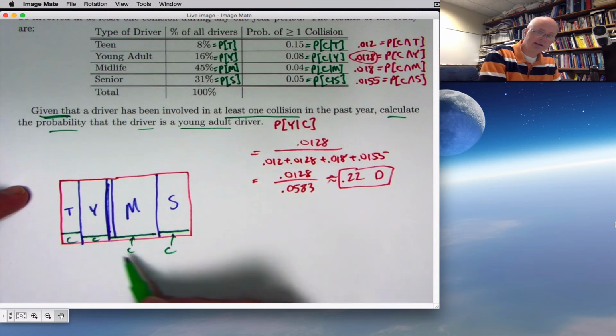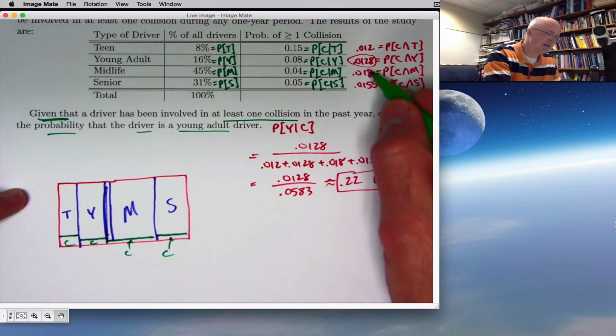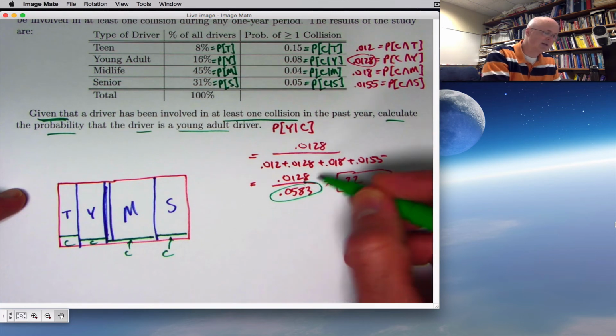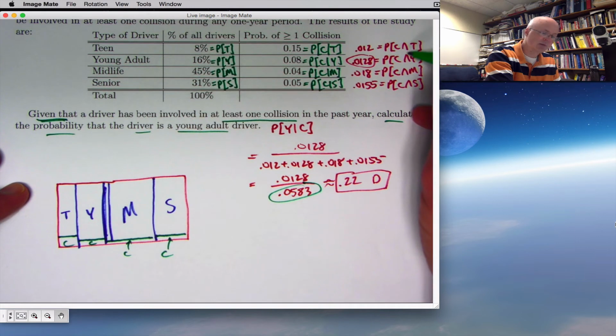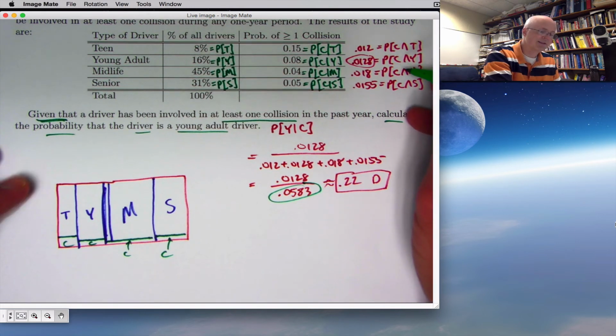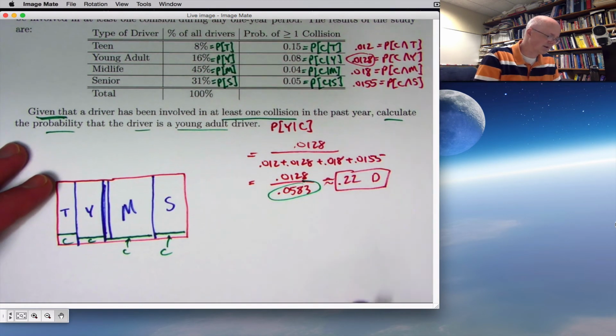And you can see these are disjoint, and essentially in finding this denominator here again, we added these numbers. These represented this partition of C here, and we really used the special addition rule for disjoint events there.